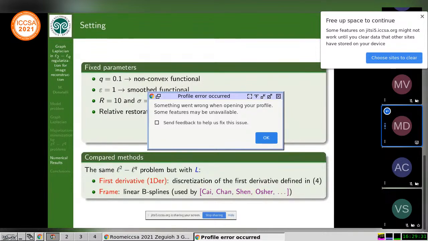functional. We take our Gaussian weight function with this parameter for sigma and for the radius of the ball, that is r equal to 10, and we compare the graph Laplacian with the first derivative operator and the frame, which is like a wavelet approach, for the L2-LQ regularization.